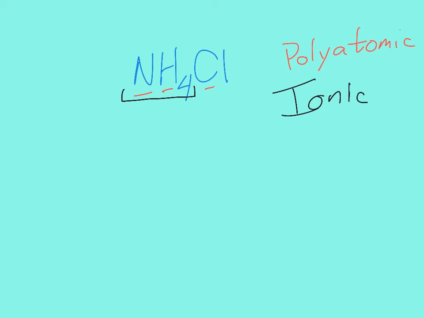So I'm going to my chart, I find NH4, that is ammonium. Okay, no prefixes, this is ionic, so no prefixes. Ammonium, I name Cl, that is chlorine, and we change the ending to chloride. This is ammonium chloride.